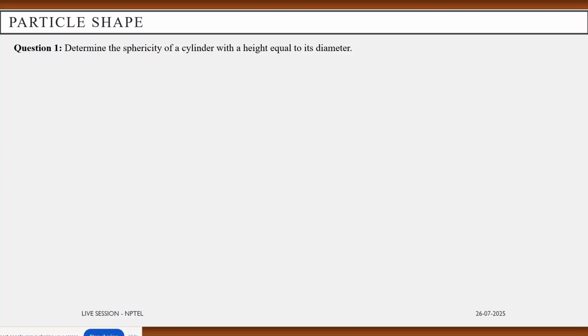So we will move to the first question of our session today: you need to calculate the sphericity of a cylinder with a height equal to its diameter. That means for the cylinder, you consider the case L equals D, or L equals 2R. So what will be the sphericity for this case?